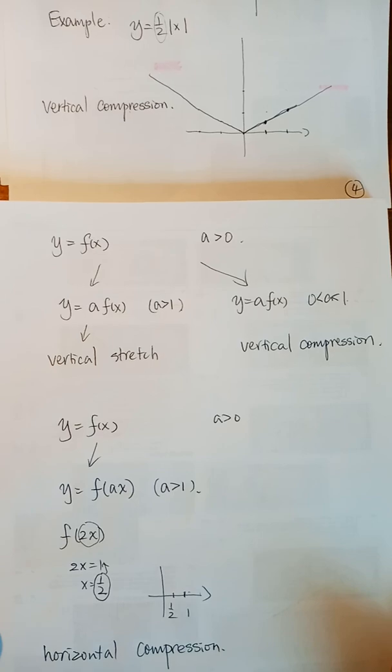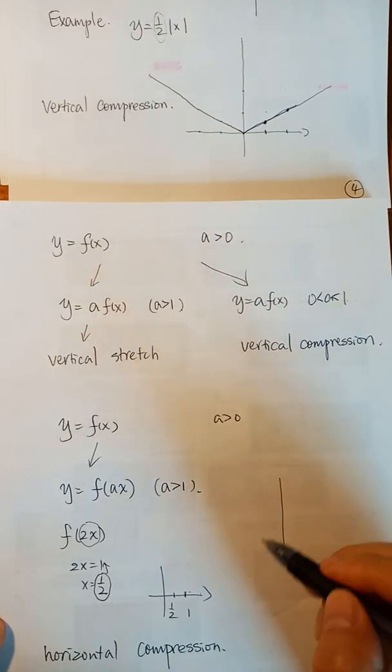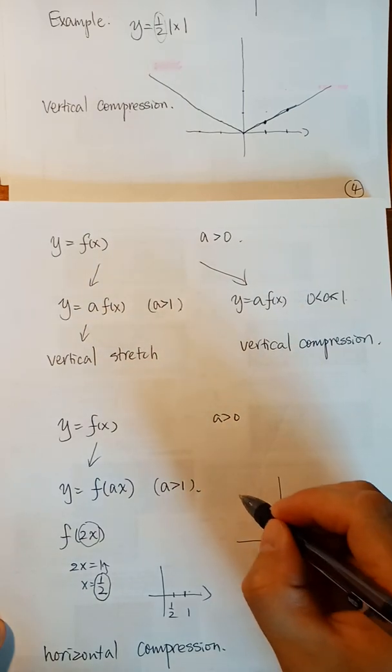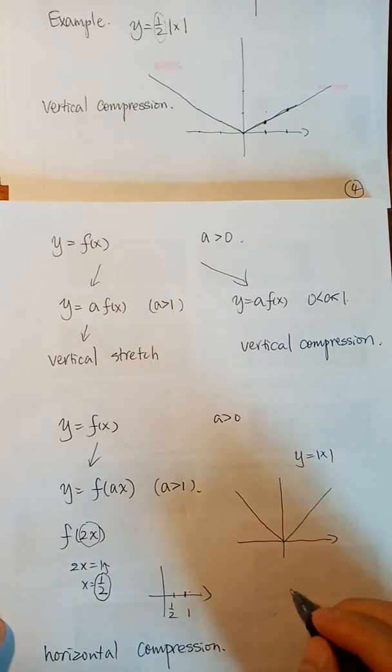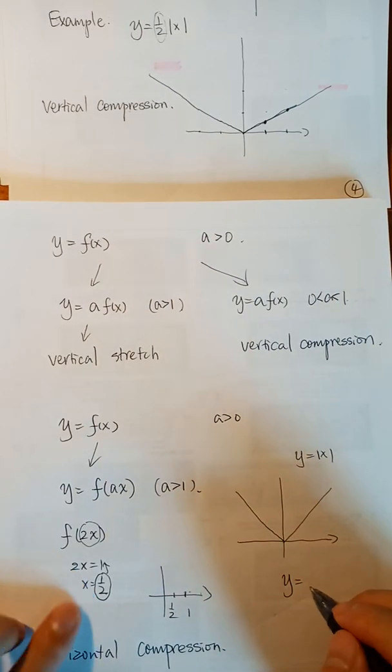Horizontal compression. So let's make this clear here. For example, the same absolute value function, y equals absolute value of x. And now this time, we're going to put 2x.